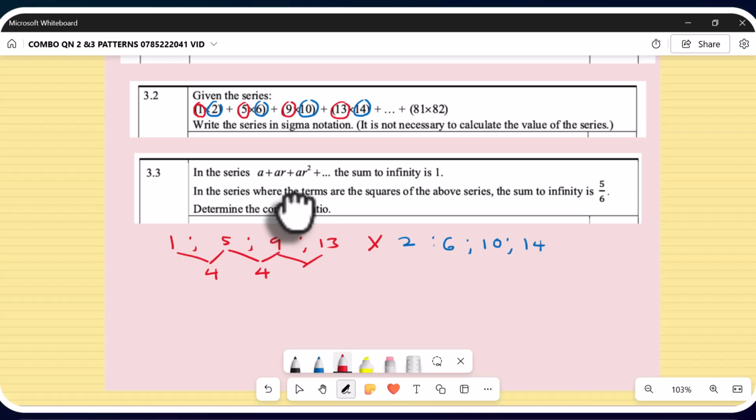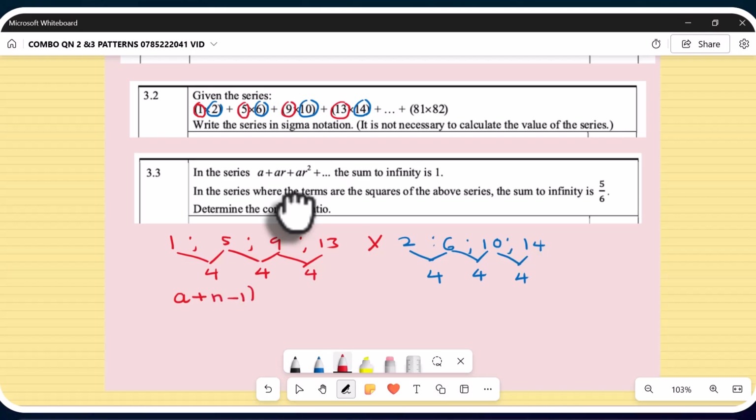So in other words, the Tn here is a combination of multiplied. That means 4n minus what? Minus 3, multiplied by 4n minus 2.